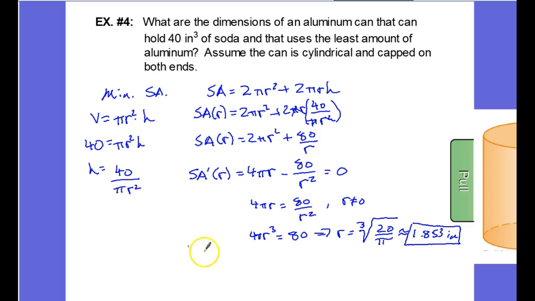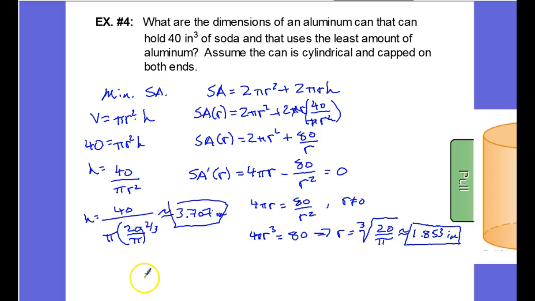Now what is the height? Well, we'll go back to our h formula. So h equals 40 over, and you know what, since I've got a pi in here, let me just substitute the exact value. So this would be 20 over pi to the 2/3. It's the cube root squared. Plug that into your calculator. We get 3.707 inches.